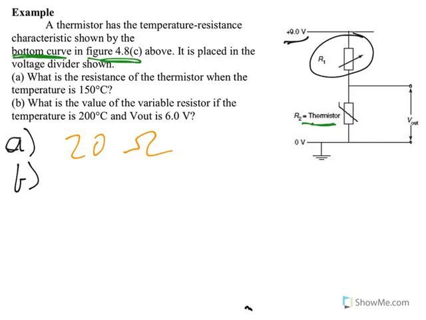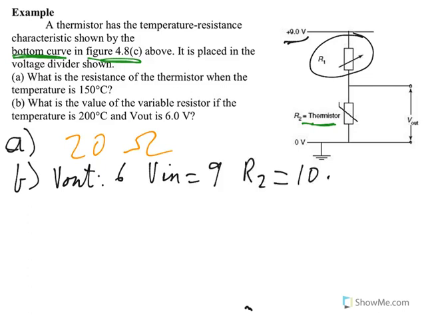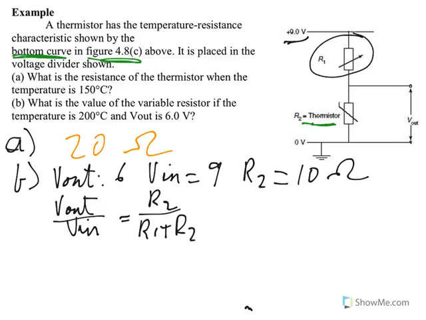Alright, so let's have a look. This is the information we've got: V out equals 6, V in equals 9, R2 was 10 ohms, the resistance of the thermistor at that temperature. So we go V out over V in is R2 over R1 plus R2.